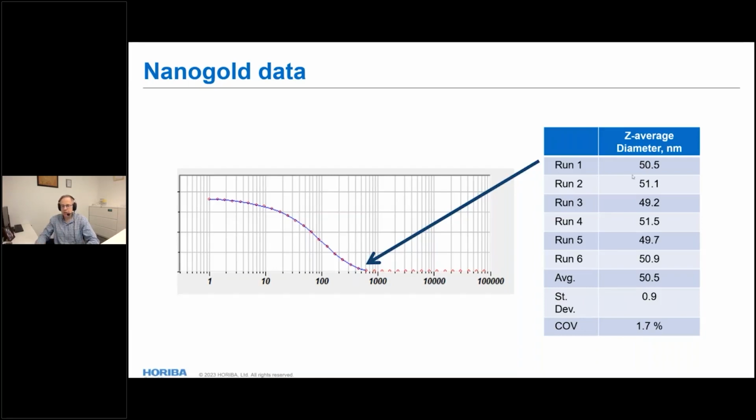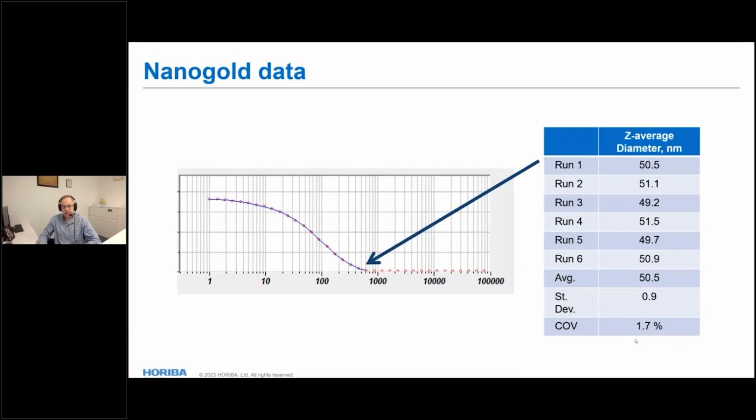And then I made 6 repeated runs, about 50 nanometers, average standard deviation of 0.9, and a coefficient of variation of 1.7%. And so this gets to something that's quite nice about dynamic light scattering. Actually, one thing's written here and the other isn't. The first is that each measurement was probably only about 2 minutes, so it's very quick.